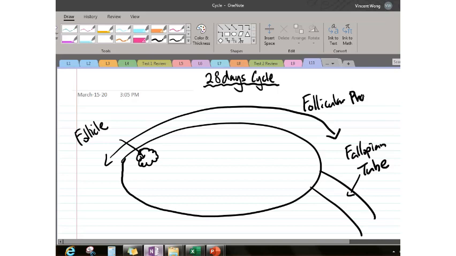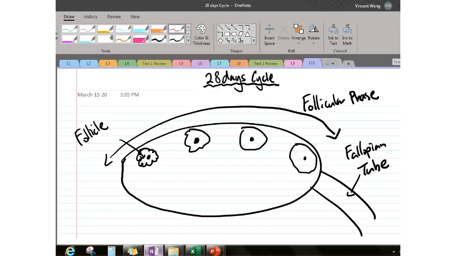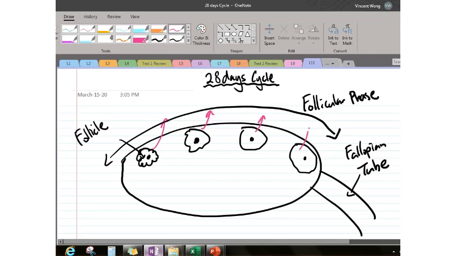During the follicular phase, as the name suggests, the follicle which contains the oocyte is going to develop. So it's going to grow. The egg is going to grow. As the follicle is growing, your ovary will be releasing estrogen.